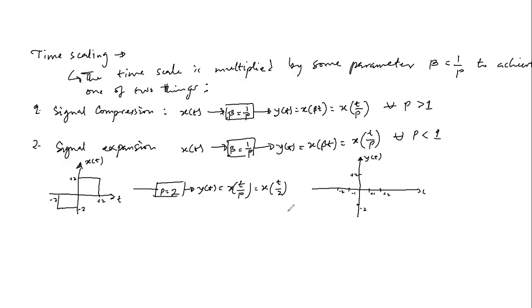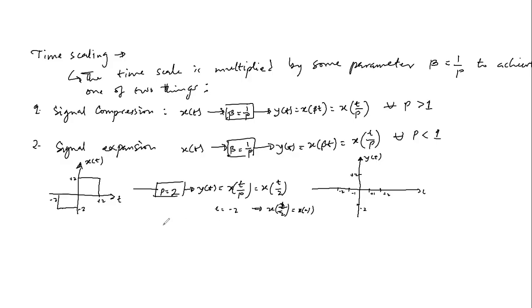So at t equal to -2, what we have here is x of t over 2, which is -2 over 2, which is the same as x of -1.